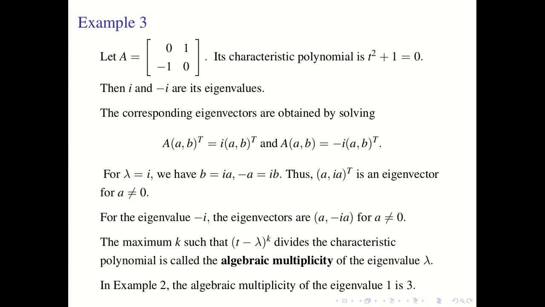What you get is, for eigenvalue lambda equal to i, we get (a, ia) is an eigenvector for any non-zero a. And similarly for eigenvalue minus i we get (a, minus ia) for a non-zero. These are the eigenvectors.